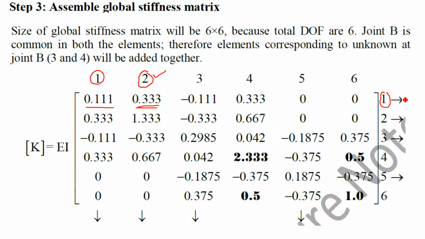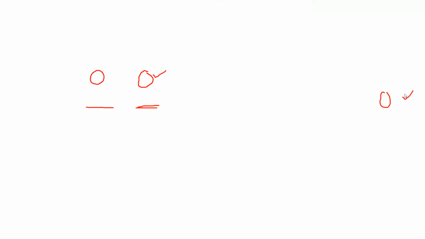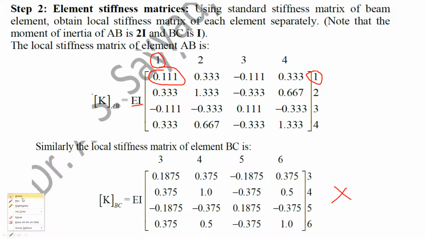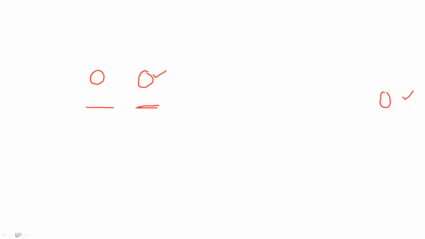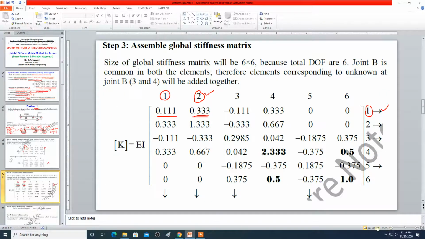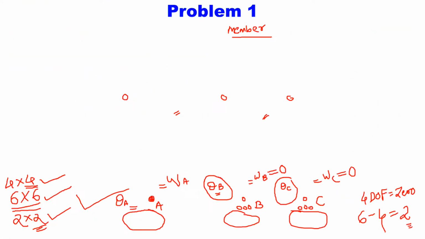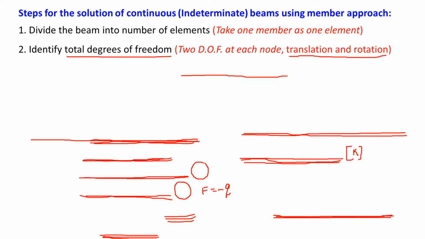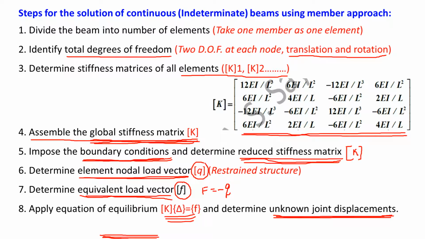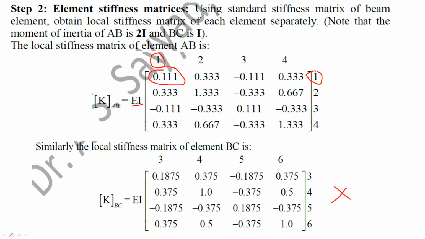Column 2 and row 1 means this 2 and this row 1, which is 0.333.